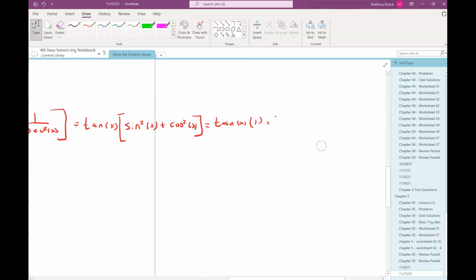And that's pretty nice, because we're not going to do any better than just a single trig function there, right? Just of x.